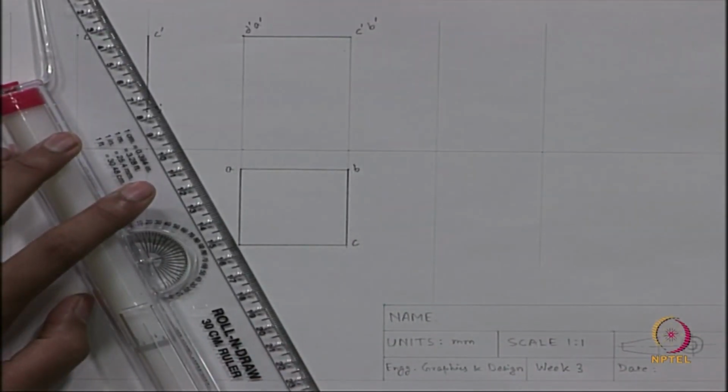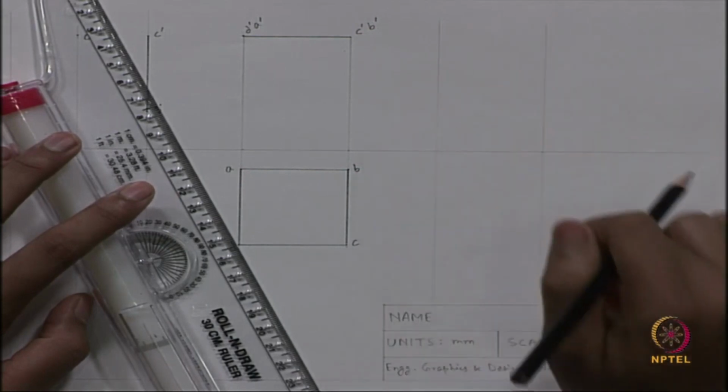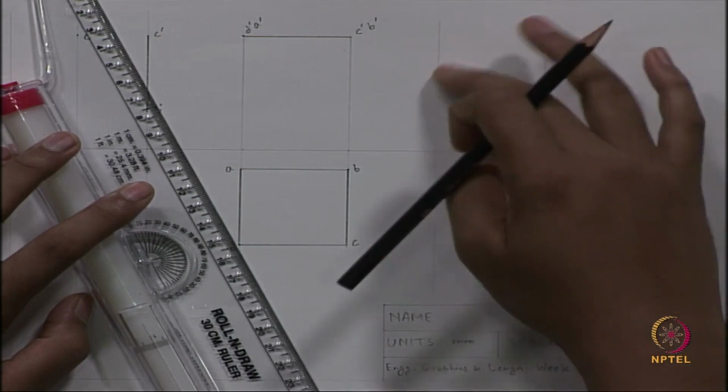Both the front and top view should be within these two construction lines.